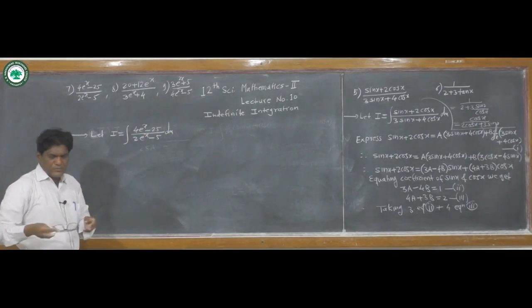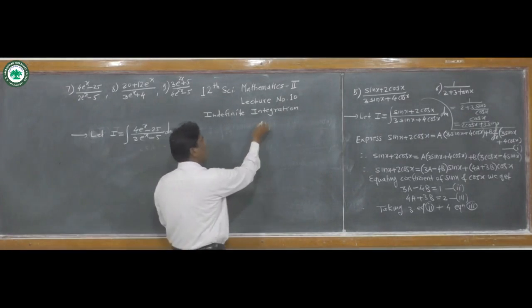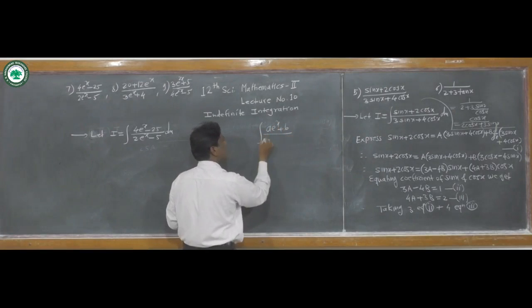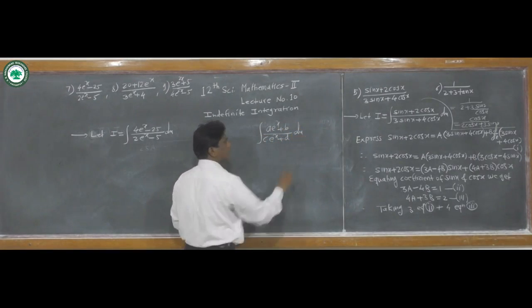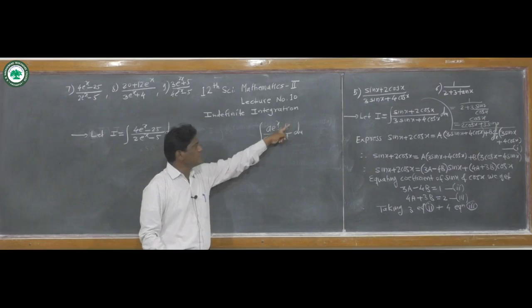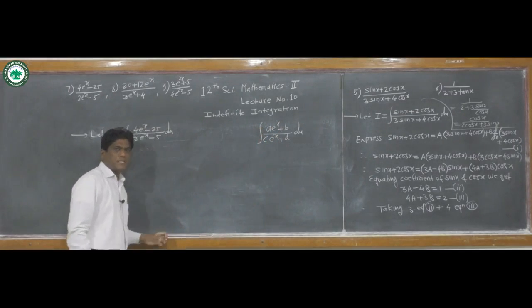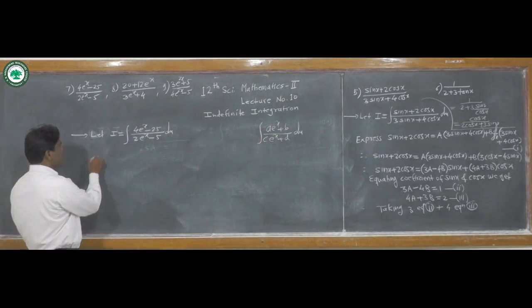And now here we use the same type, that is an integral of the form integration of a e to the power x plus b divided by c e to the power x plus d dx. Here also we express the numerator as a into denominator plus b into derivative of denominator.